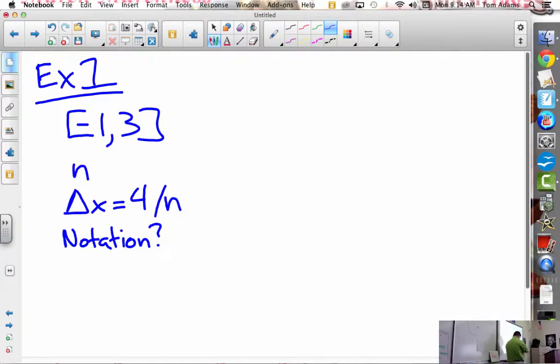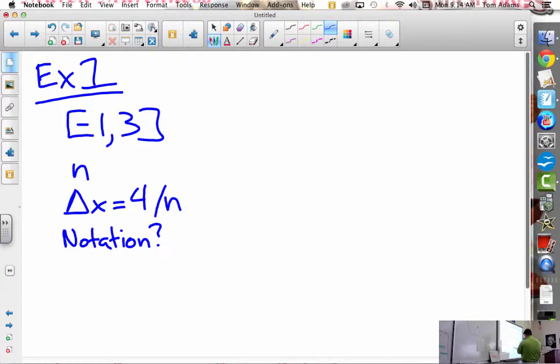So let me write it out. It says, well, let me say it and then we'll write down how to do it. It says the interval from -1 to 3 is partitioned into n subintervals with the equal length of delta x, which is 4 over n. Let m sub k denote the midpoint of the kth subinterval and express the limit. Okay?